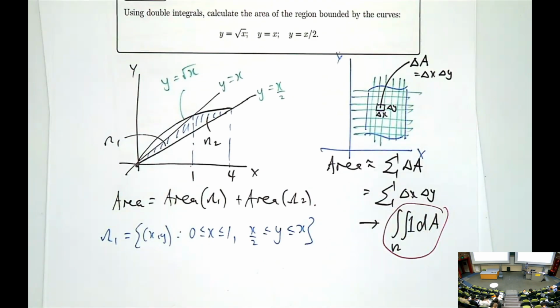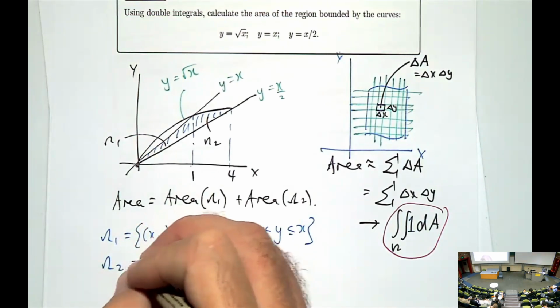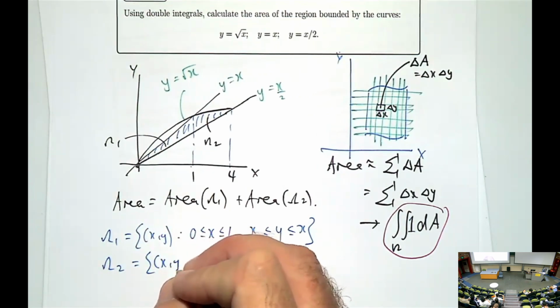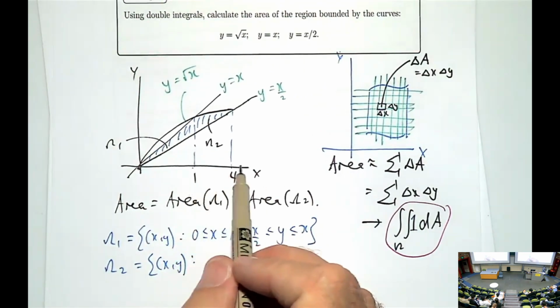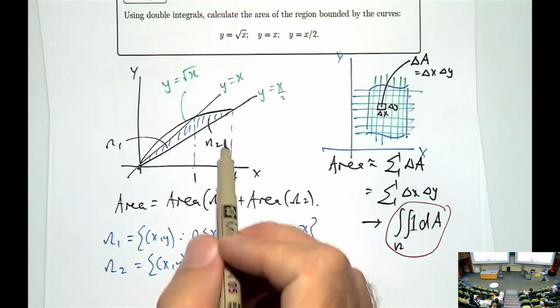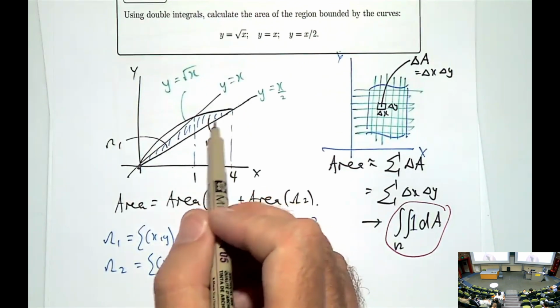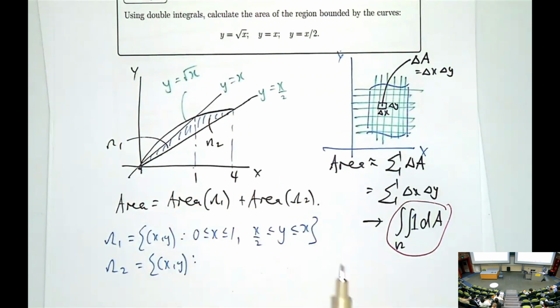So let's think about omega 2. All right, so here x is between 1 and 4, and y is going to be bigger than this curve, but less than that curve.